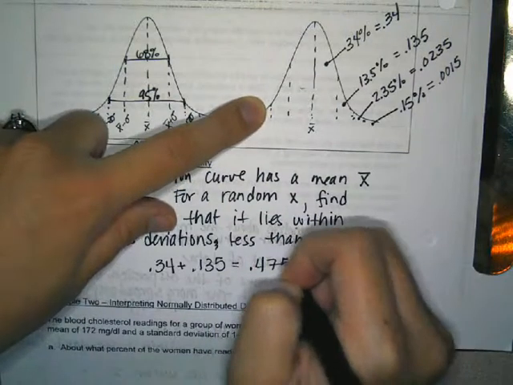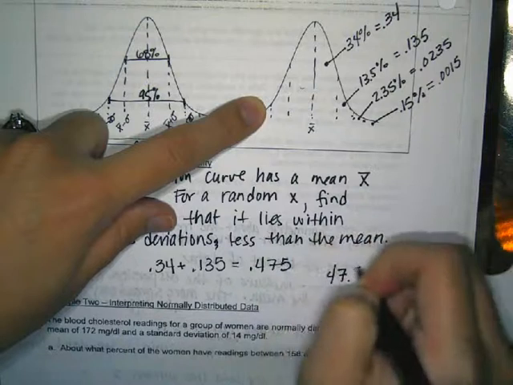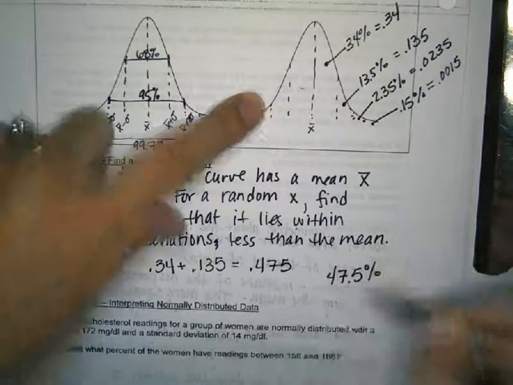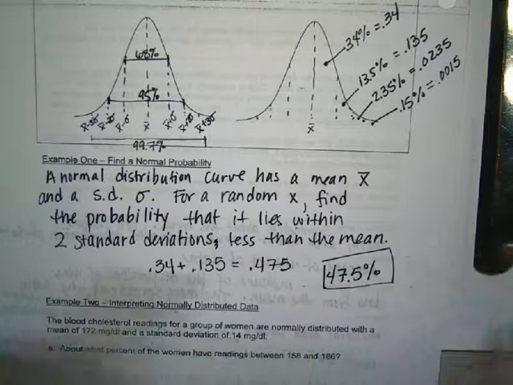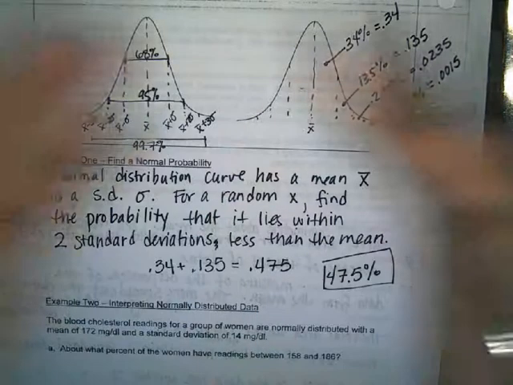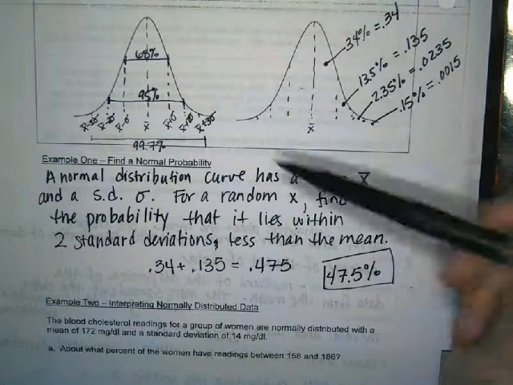So in this case, there's a 47.5% chance that if you have a set of data and you pick just a random number, it's going to lie within two standard deviations to the left of the mean.